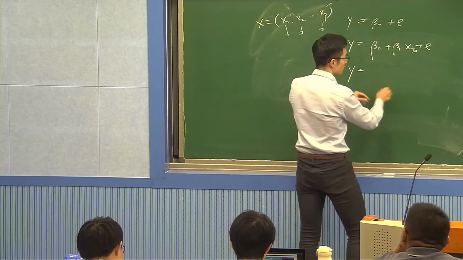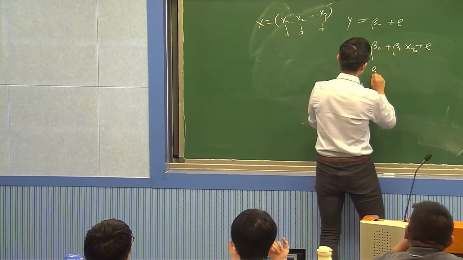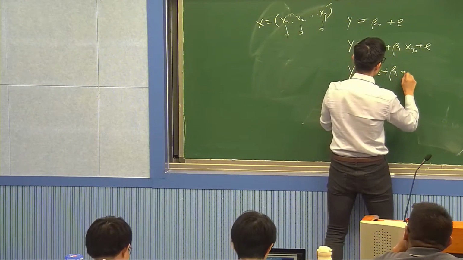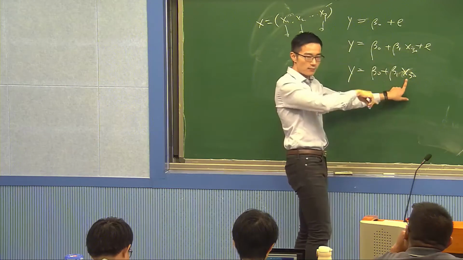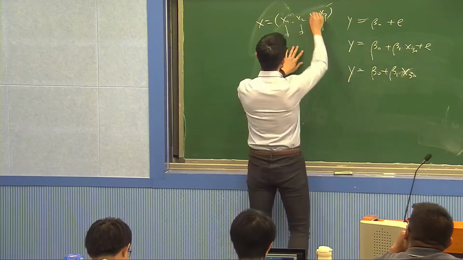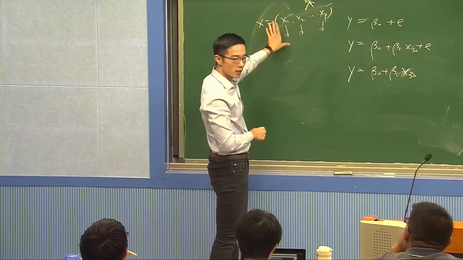From this, I will go to the next step, which is to include one more variable: beta 0 plus beta 1 x30 plus another term. We have already picked x30, so I remove x30 from the available candidates.